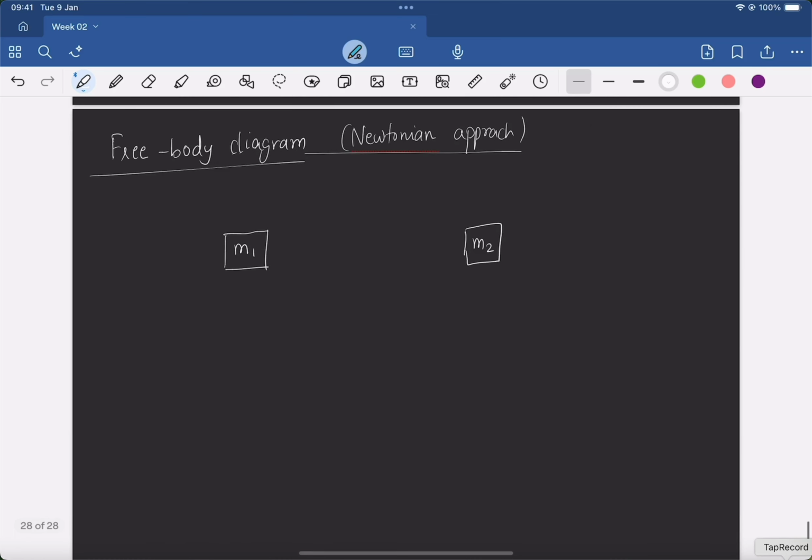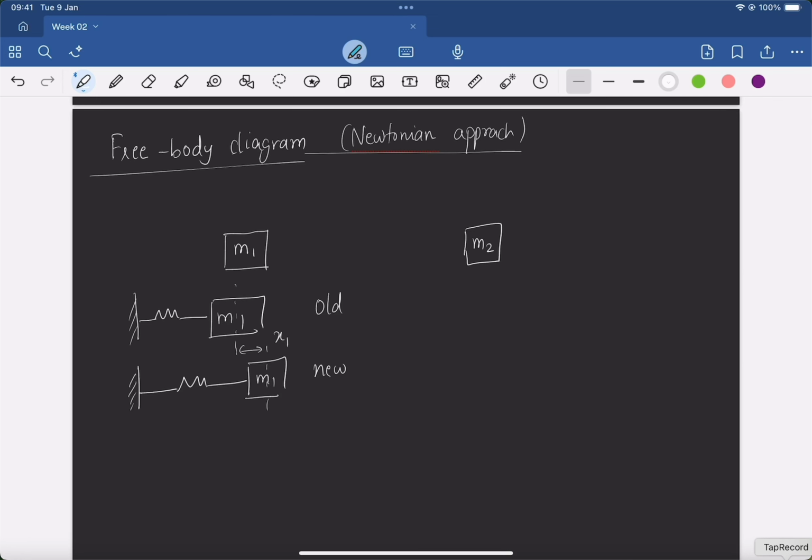So if we think about it, let's say we had this spring k1 and we had the mass m1. Once it starts to deform, the mass m1 has moved a bit to the right, right? So this is the old position and this is the new position. This is x1, which means this spring is elongated by x1.